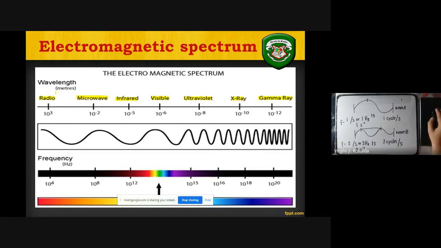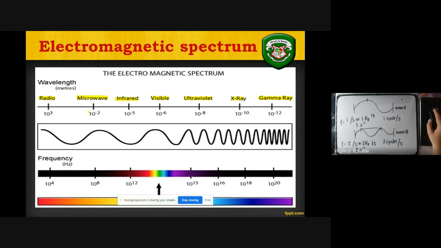So as I said, this wavelength is inversely proportional with the frequency. Okay? So kung dito, from radio to gamma rays, nagdi-decrease ang length ng ating wavelength, technically in terms of its frequency, nagiging mas higher naman yung frequency natin as we go from radio to gamma.